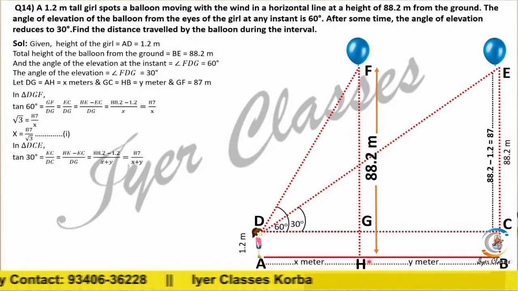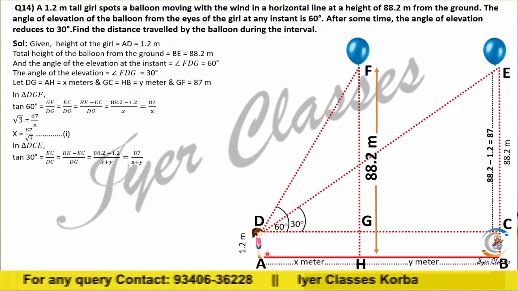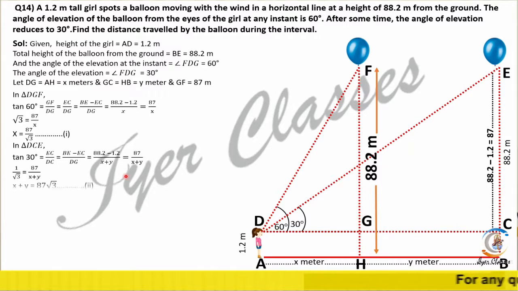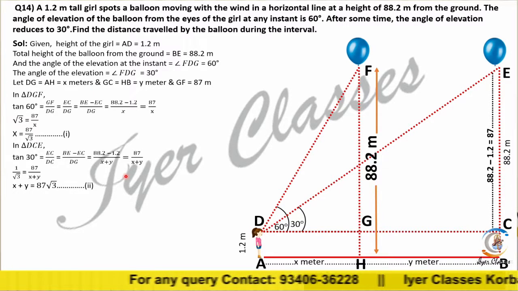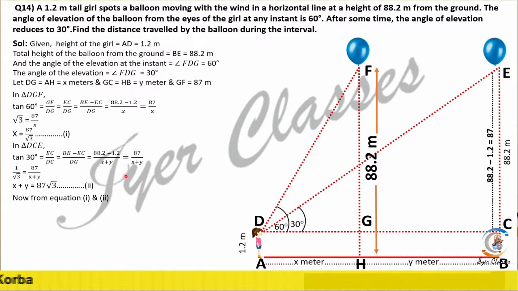It is equal to DH plus HB, that is X plus Y. So we can write tan 30 as 88.2 minus 1.2 divided by AB, or you can say DH, which is equal to X plus Y. So what is the value of tan 30? 1 by root 3. That is equal to 87 divided by X plus Y, or we can say X plus Y is equal to 87 times root 3. Mark this as equation 2.